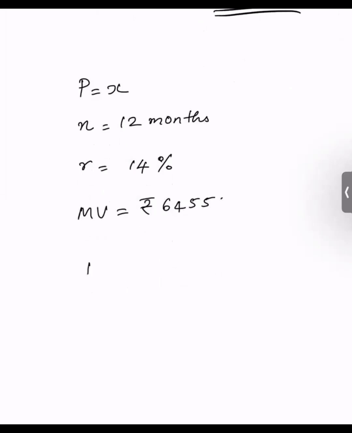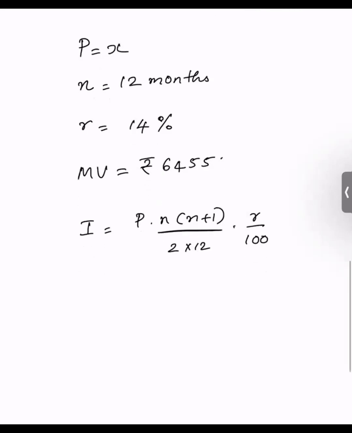Okay, so let's write our formula. How to calculate interest? Interest formula is P into N into N plus 1 by 2 into 12 into R by 100. Write down the formula, then substitute the values. Interest you don't know, so write it as I itself.